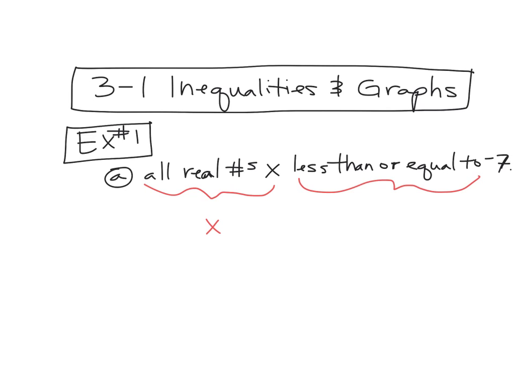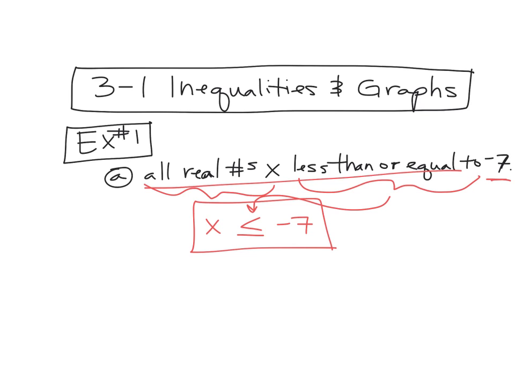Right, so less than or equal to is that symbol. So that goes here. And then your last one is just -7. So when it says all real numbers x less than or equal to -7, we're saying x is less than or equal to -7. This symbol form is what you get from that sentence.